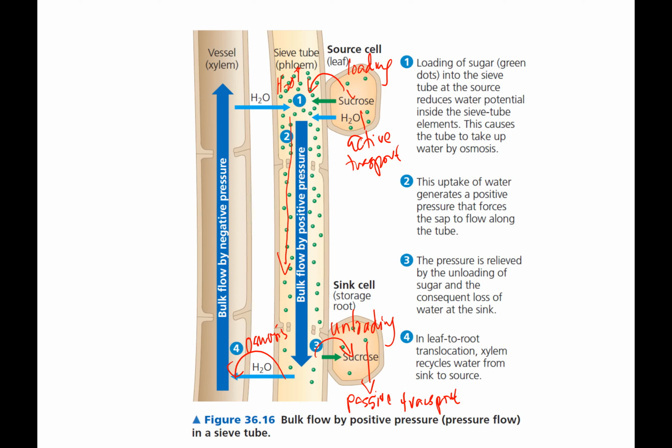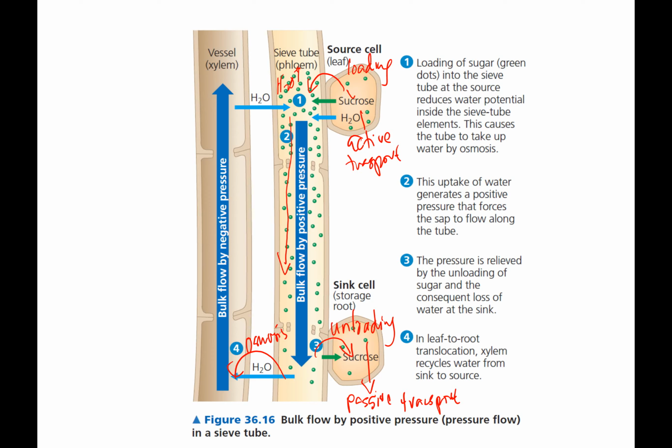The second phase is the unloading phase, when sucrose is transported into the root cell. This is what we call the unloading phase. So you have to remember two main phases in this process.